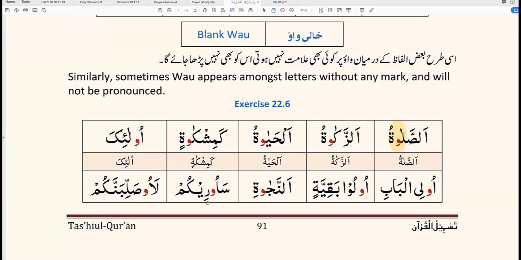Here we have a ra with a kasra. Straight afterwards there's a ya with a sukoon. What happens to the ya with a sukoon? You have to stop. Okay. So this ya with the sukoon is known as a ya sakin, because it carries a sukoon. But the letter before carries a kasra. That kasra, together with the fact that this ya carries a sukoon, makes this a ya madda.